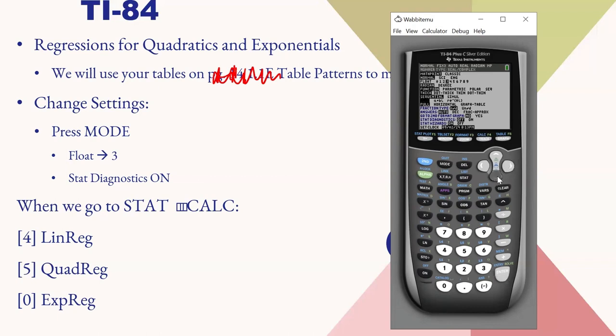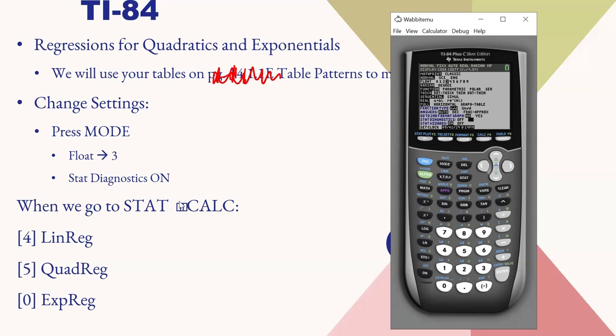Then I'm going to go to stat diagnostics, and I'm going to turn it on because currently it's turned off. Anyone need help putting in the mode stuff? Good?